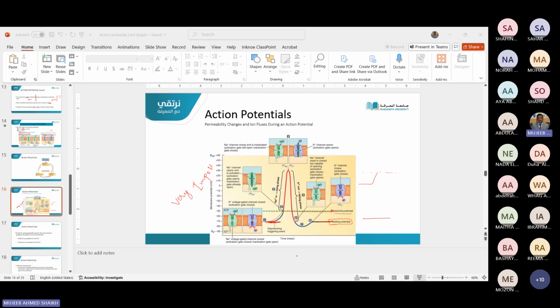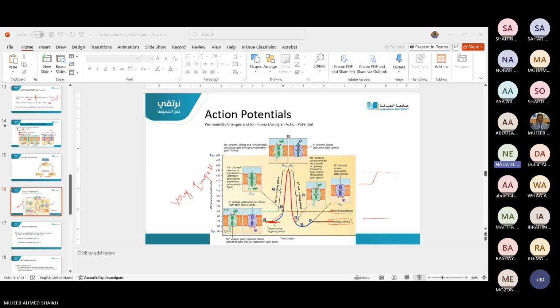If there is an action potential, it will be like this only. Same height, same width. You cannot say, Doctor, I stimulated a little bit, so there will be a little action potential, or I stimulated more, so there will be more action potential. No, it's not possible. Either there will be an action potential or no action potential. That's it. This is called the all or none law.